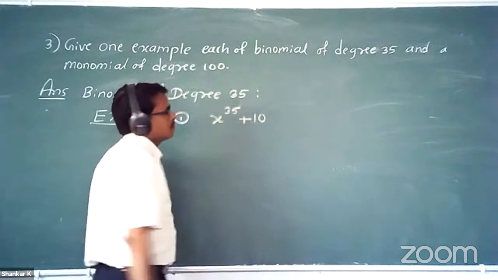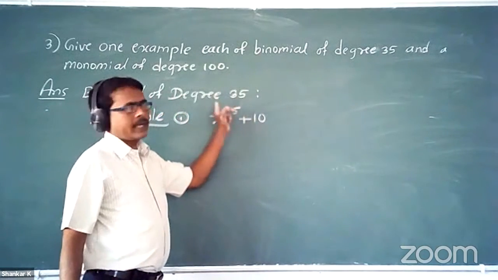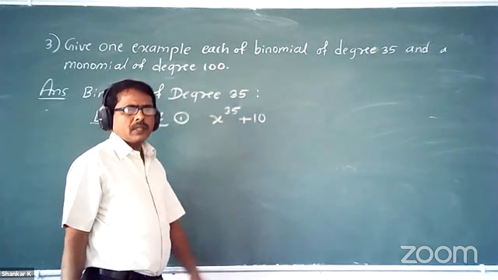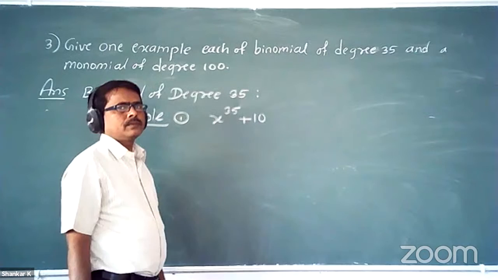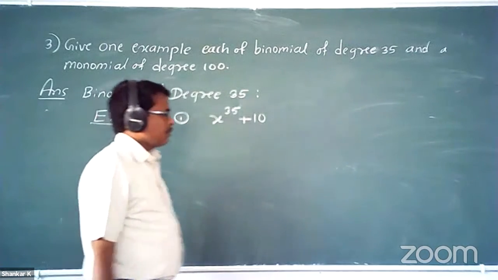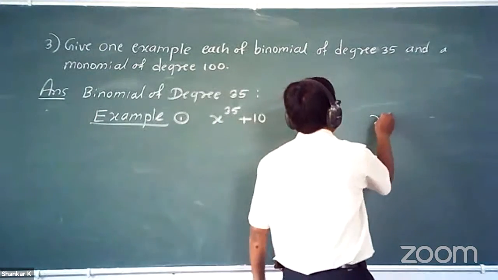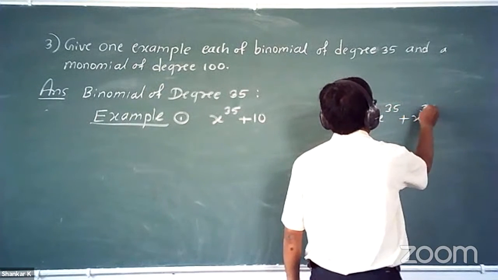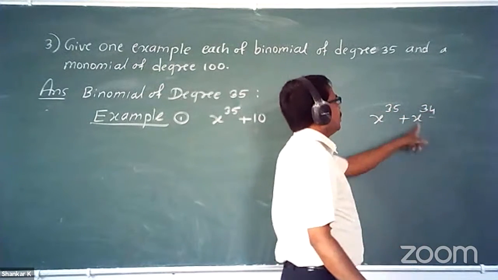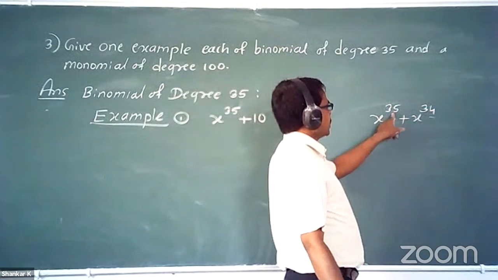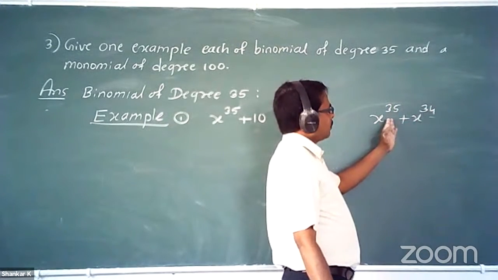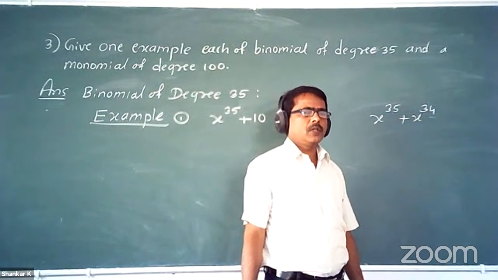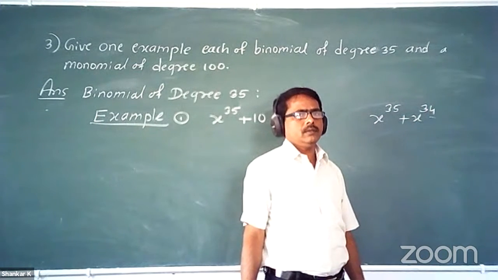There are two terms, so it is binomial. Highest power is 35, therefore it is a binomial of degree 35. You can write many examples. X raised to 35 plus x raised to 44 you can write. It is a binomial. Highest exponent is 35, therefore it is a binomial of degree 35.